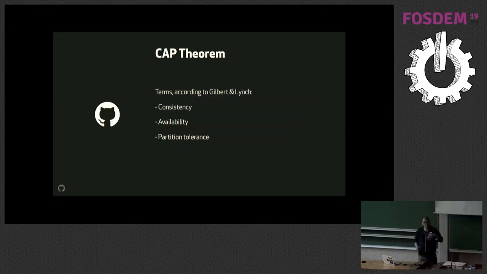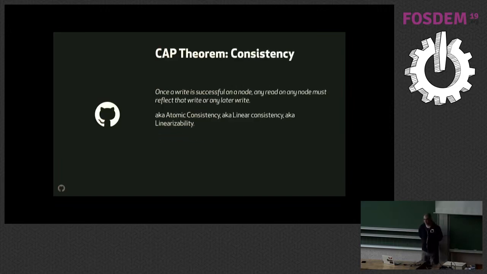So the terms are still consistency, availability, and partition tolerance, though the word availability lost the "high" part. And it goes like this. I'm going to read exactly the definition. So consistency: once a write is successful on a node, any read on any other node must reflect that write or any later write. So say there's a table, there's a value, the value is 1, and I run a series of updates.